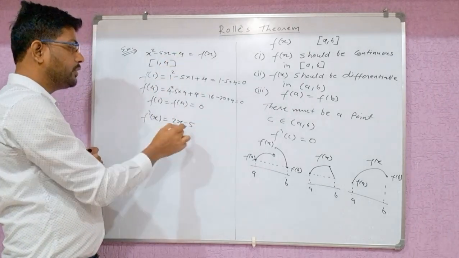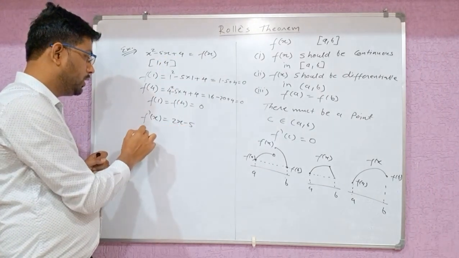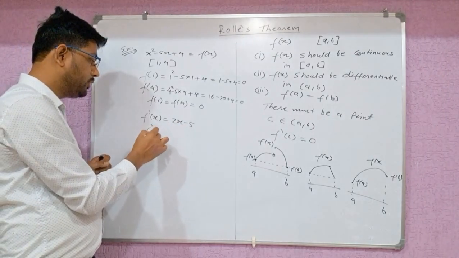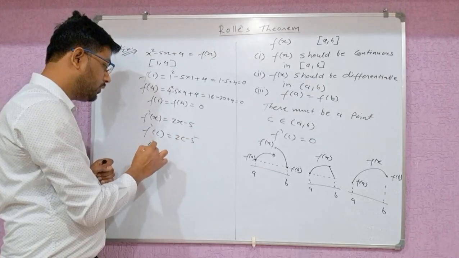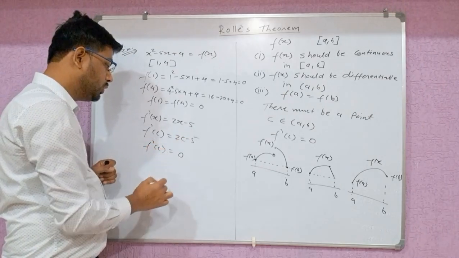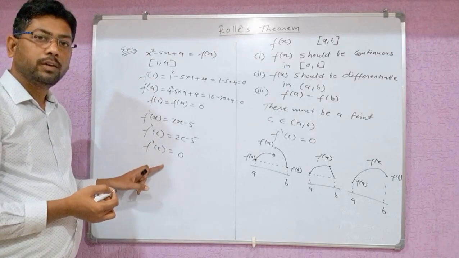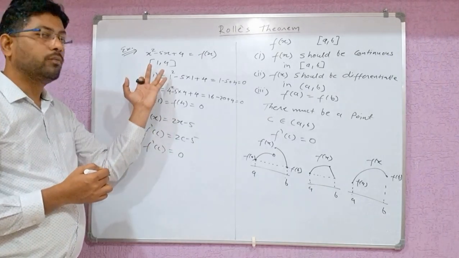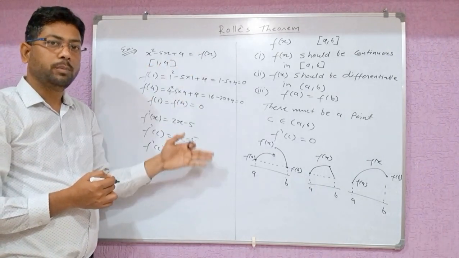So let's suppose that point C. So f dash of C will be 2c minus 5, and f dash of C is equal to 0. So by applying this, we'll find the value of C and we'll check whether that C is in this interval 1 to 4 or not. If that is there, then this Rolle's theorem will be verified.